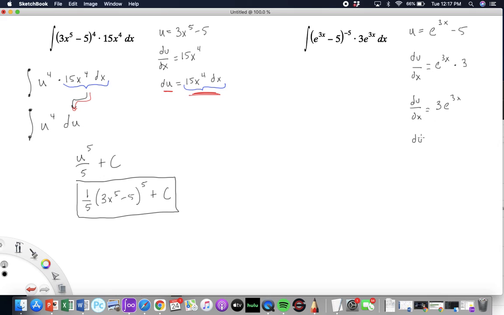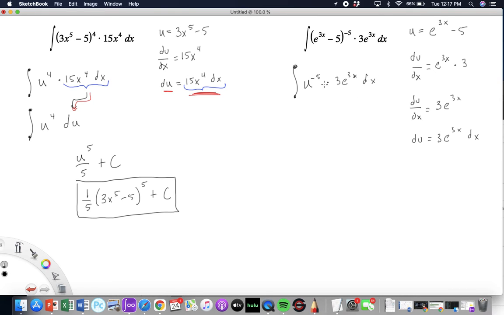We get du equals 3e to the 3x dx. Now we notice the same kind of thing we had earlier, which is u, because we called that u. So we have u to the negative fifth times 3e to the 3x dx.